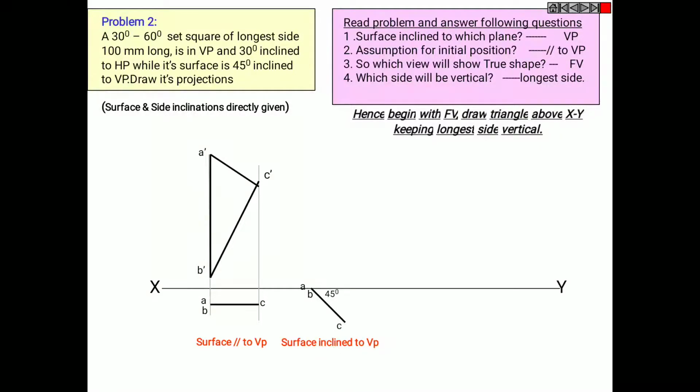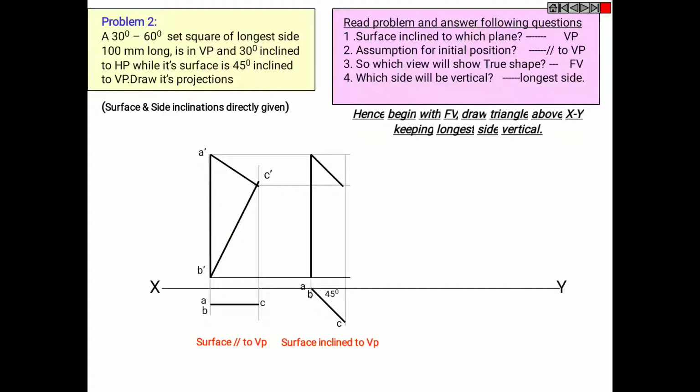So AB and this will be your C, and taking the projection, I'm projecting all the diagrams, joining A, B and C that looks in this order. So this will be your A1 dash, B1 dash and C1 dash.